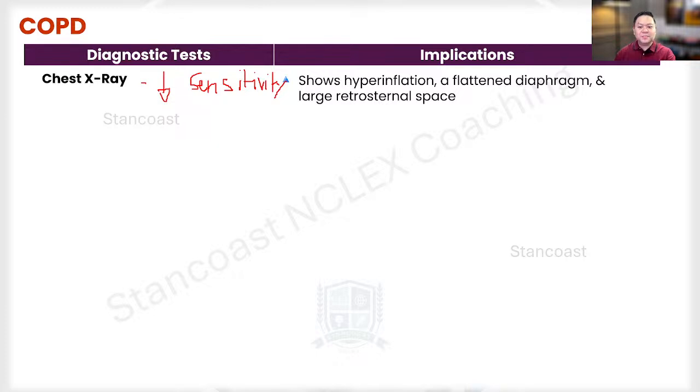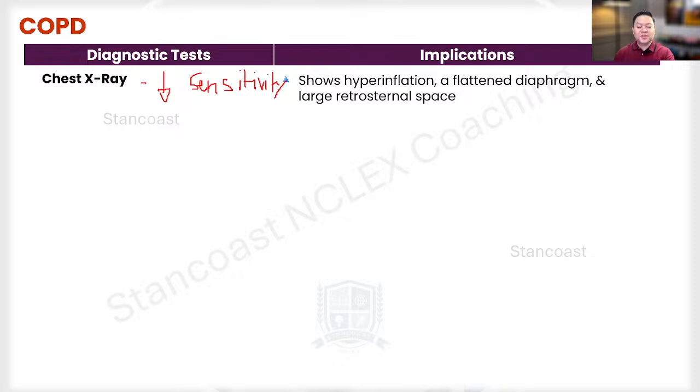Now, this is particularly useful during the acute exacerbation in order for the medical provider to rule out conditions like pneumonia or pneumothorax. Again, this is a very important diagnostic test, especially when there are exacerbations, to rule out any other conditions like pneumonia or pneumothorax.